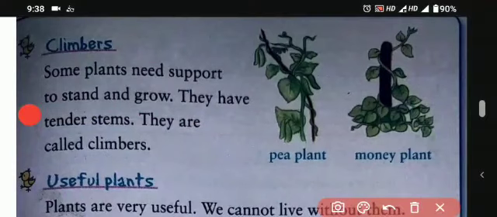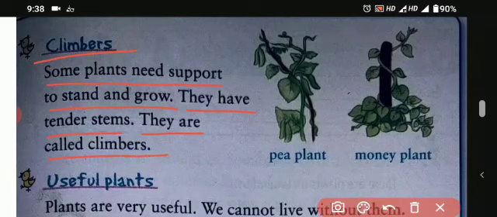So now students, we will discuss the climbers. Some plants need support to stand and grow. They have tender stems. They are called climbers. Some plants need support to stand and grow because they have very soft stems and they can't grow by themselves.